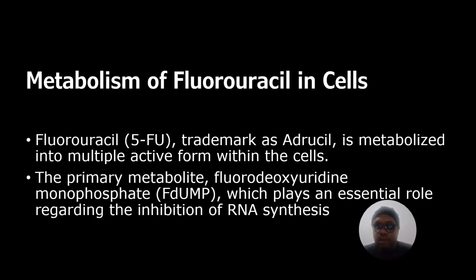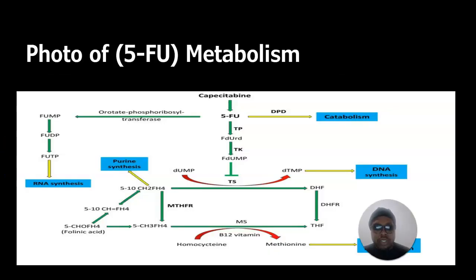But then the other two I would like to identify are fluorodeoxyuridine triphosphate and fluorouridine triphosphate. Those are the other two, and they play a big role. But the main common one is fluorodeoxyuridine monophosphate, and that is the most essential.